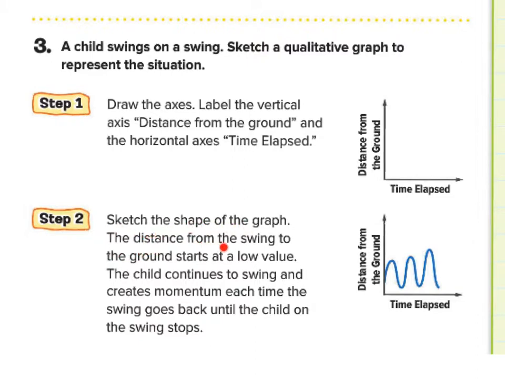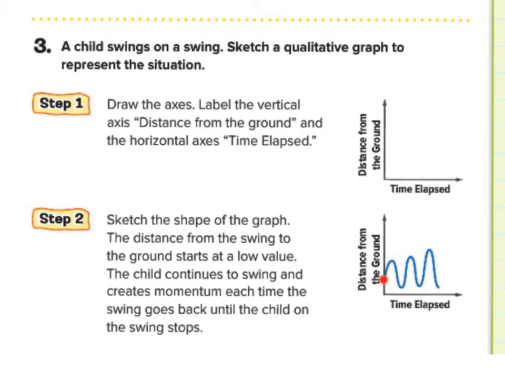The distance from the swing to the ground starts at a low value because we kind of have to start in the middle sort of thing. We're not really swinging. The child continues to swing and creates momentum each time the swing goes back, until the child on the swing stops. So here we go, the child is going back and forth on the swing.